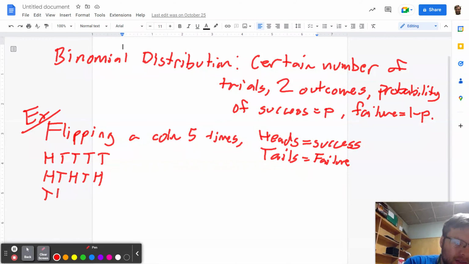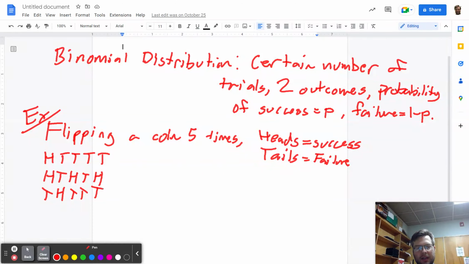You could do tails, heads, tails, tails, tails. There's lots of different outcomes there. And if you tried to think about the total distribution of the outcomes, you would see that it is following what looks kind of like a normal curve, but it isn't exactly a normal curve because it's not continuous.